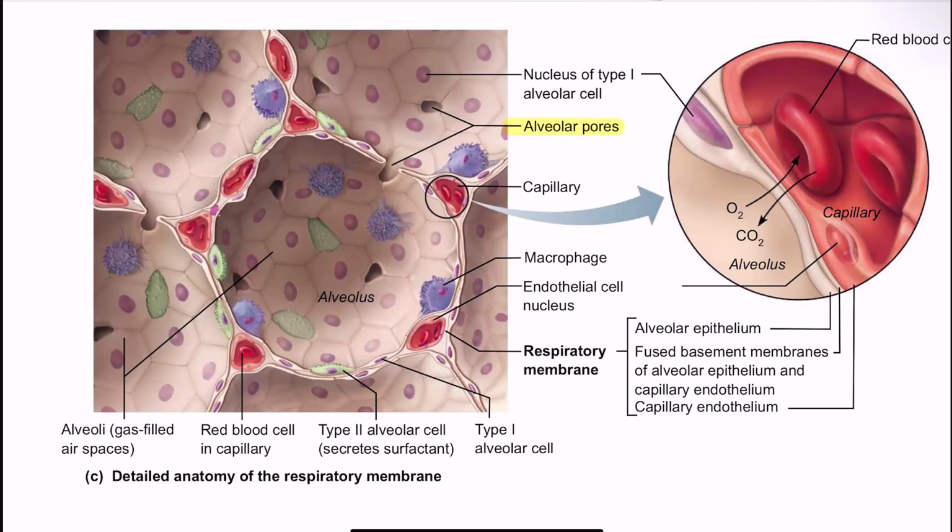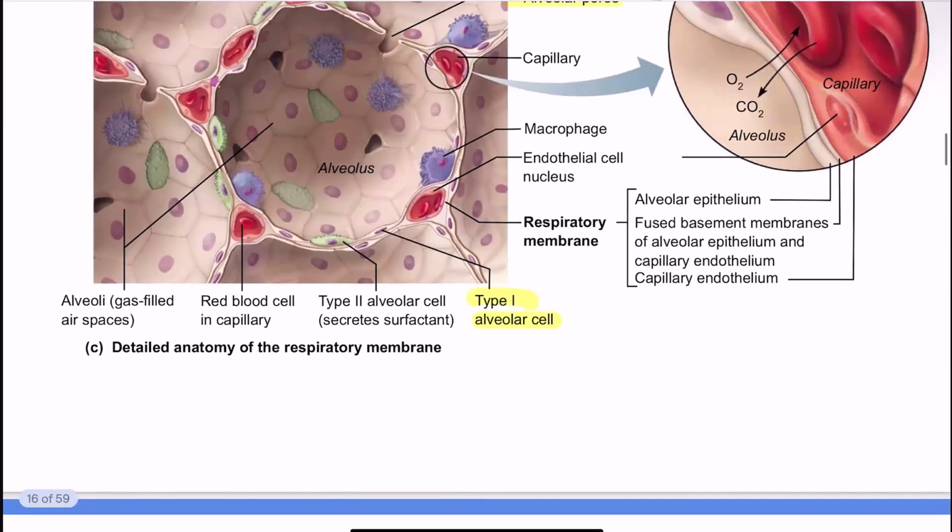And those cell types are called type 1 alveolar cells. So type 1 alveolar cells are simple squamous epithelium.